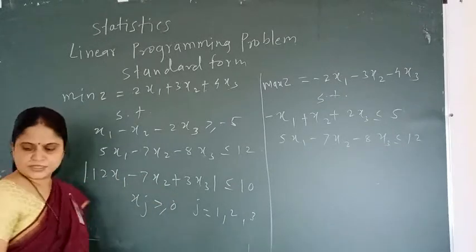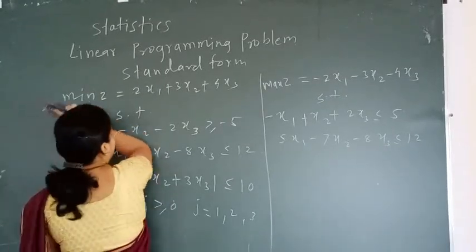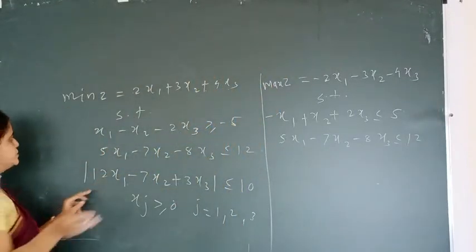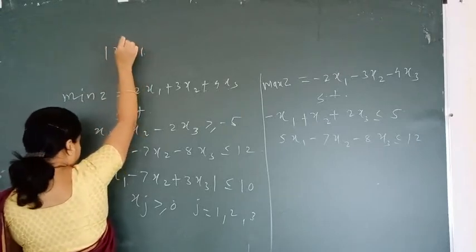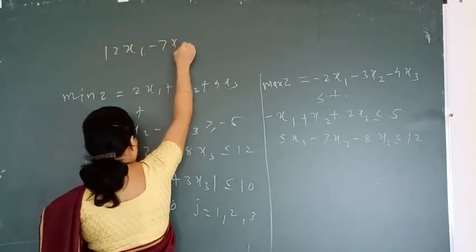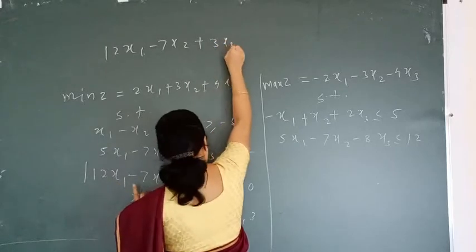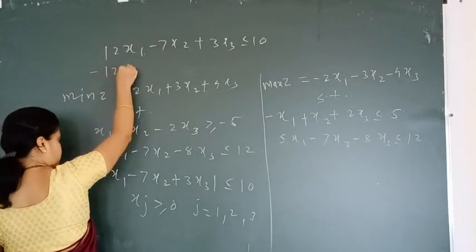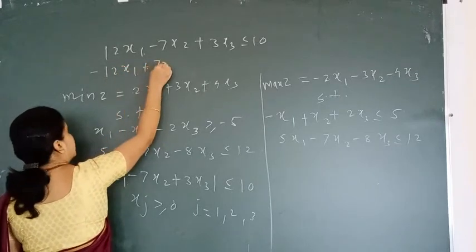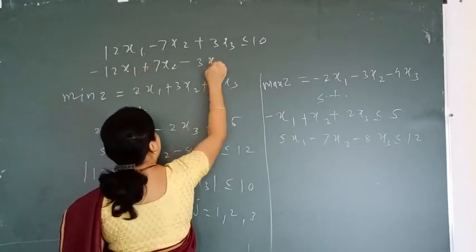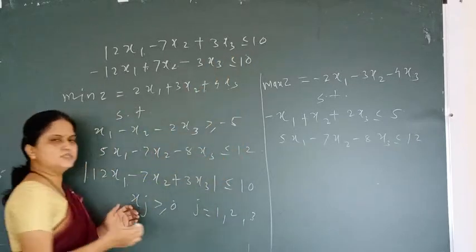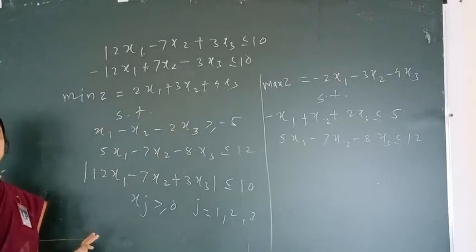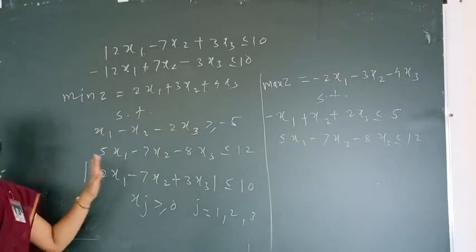My first equation is 12x1 minus 7x2 plus 3x3 less than or equal to 10, as well as minus 12x1 plus 7x2 minus 3x3 less than or equal to 10. Since both equations are less than or equal to 10, I write these equations over here so that it is converted to canonical form.